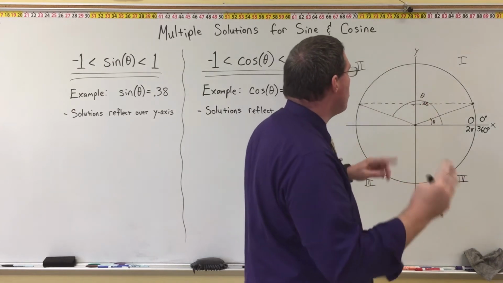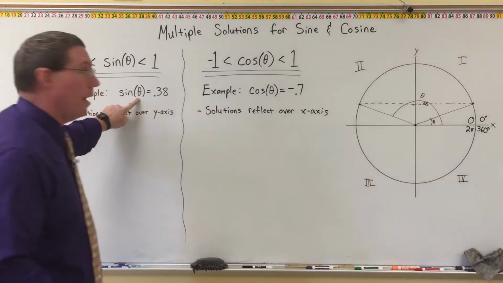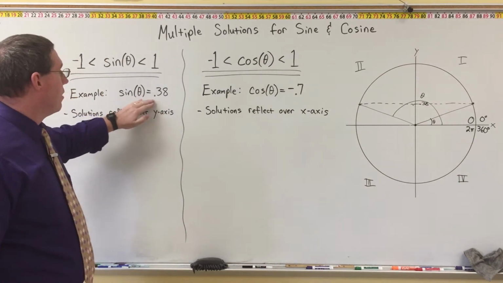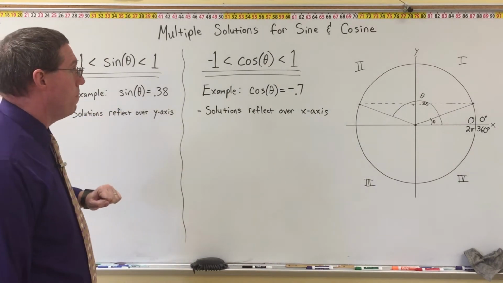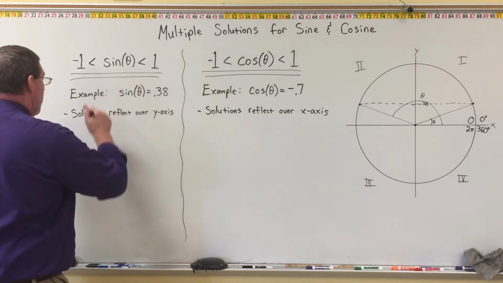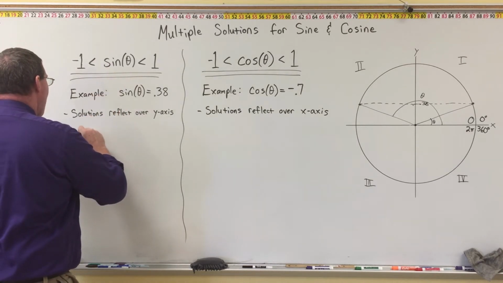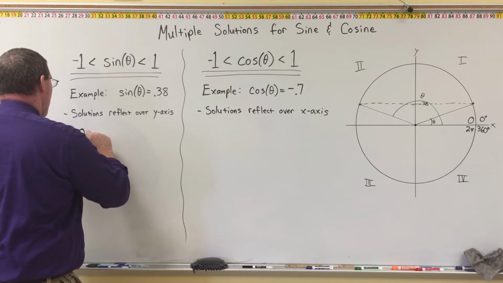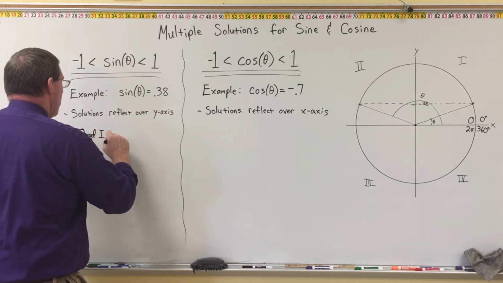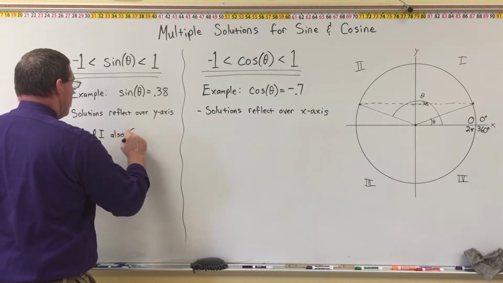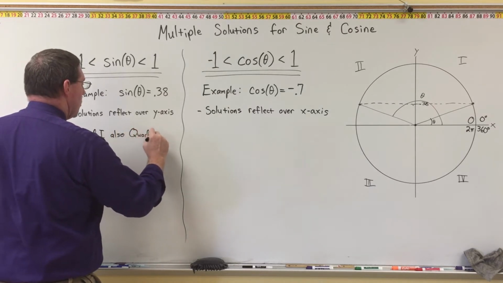So we have two solutions for theta if sine of theta is equal to 0.38. As far as sine goes, if you have a solution in quadrant 1, then you will also have a solution in quadrant 2, okay?